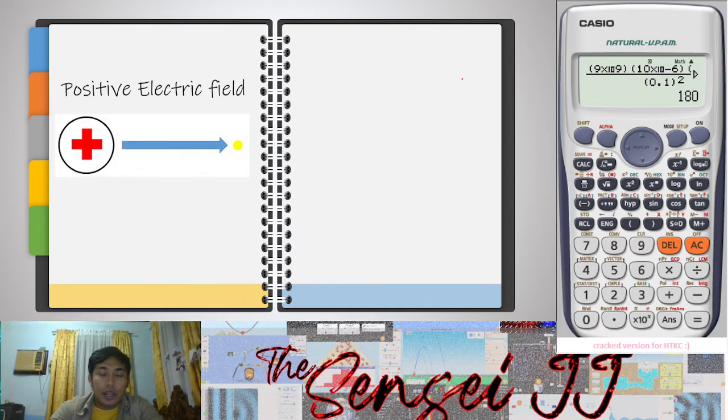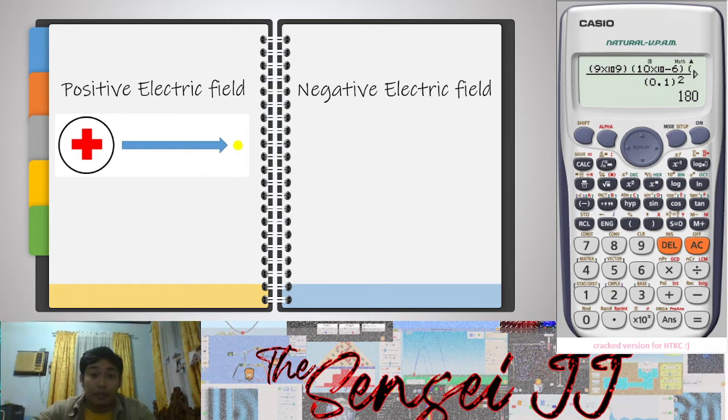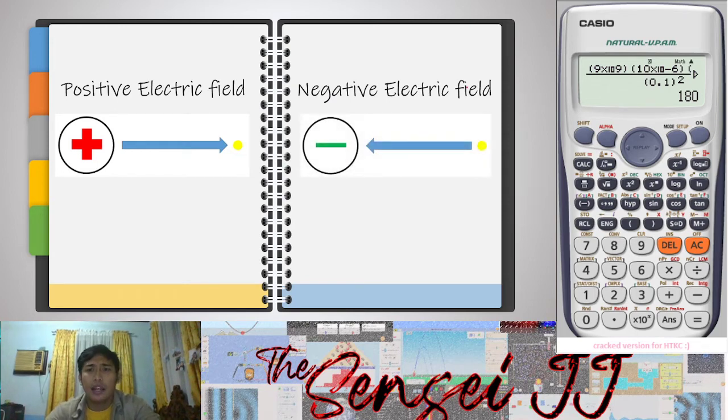Okay. So positive electric field: the direction of the positive charge is moving towards a certain point. Also, that certain point is parang nandun sa ating electrical field kanina, dun sa video. So we have placed a charge in there, and the direction of a positive electric field is moving towards a certain point. Okay? And for the negative electric field, the charge is moving towards our negative charge.